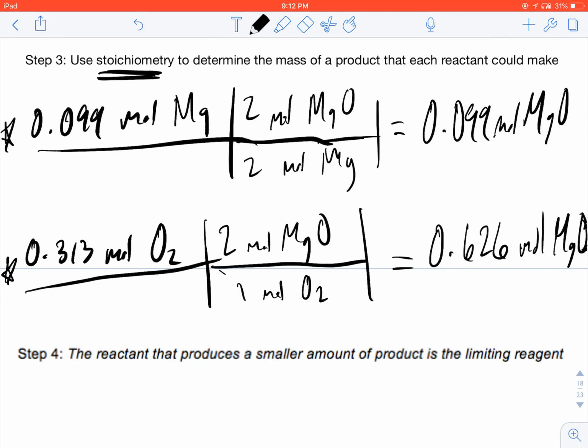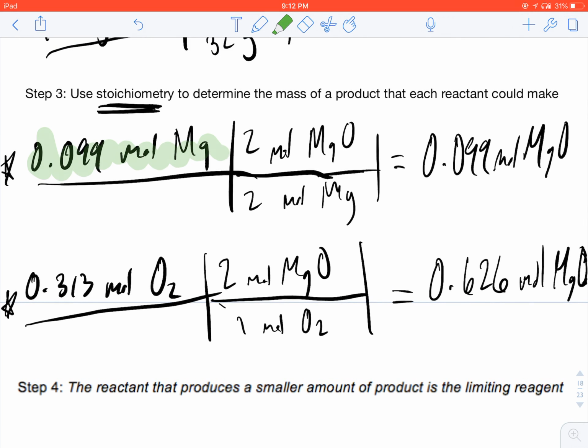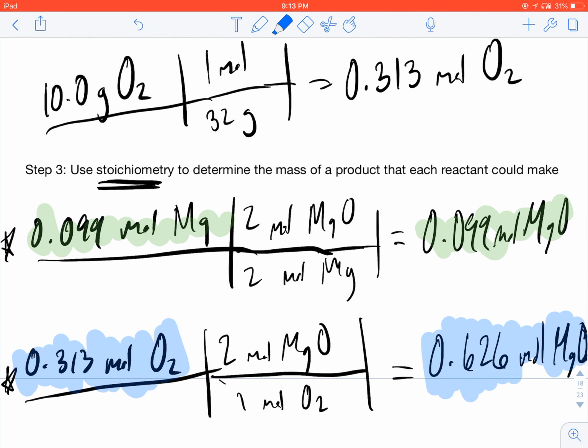I don't know. Anyways. So, what we did again in this first one, we assumed if we had enough oxygen gas and 0.099 moles of magnesium, we could make 0.099 moles of magnesium oxide. In the second line, if we had enough magnesium and we only had 0.313 moles of oxygen gas, we could make 0.626 moles of magnesium oxide.